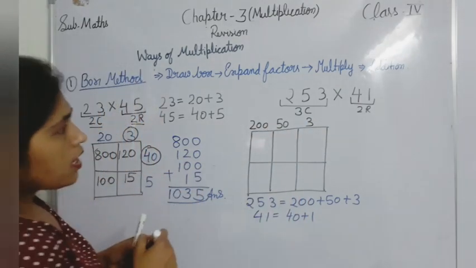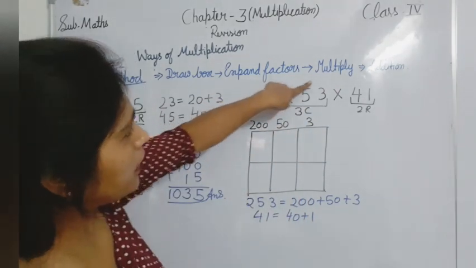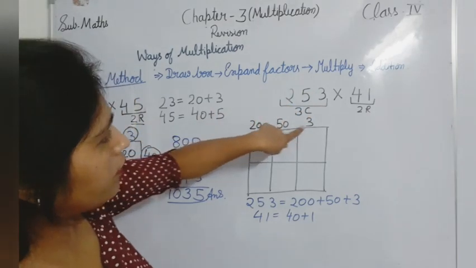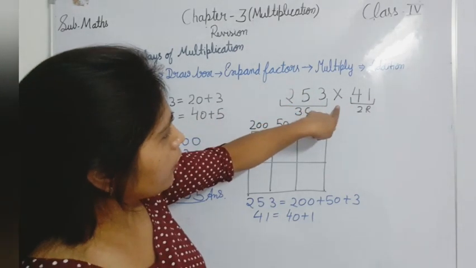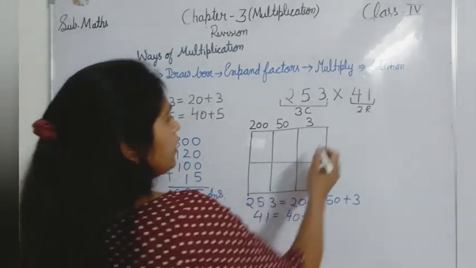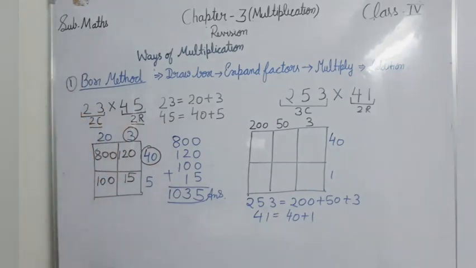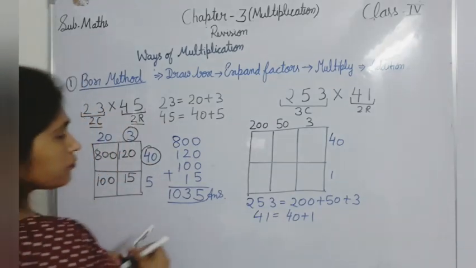Yes, I have written the expanded form of this number. Now the second number, top to bottom. What is the expanded form of 41? 40 and 1. Clear? So now let's do multiplication.